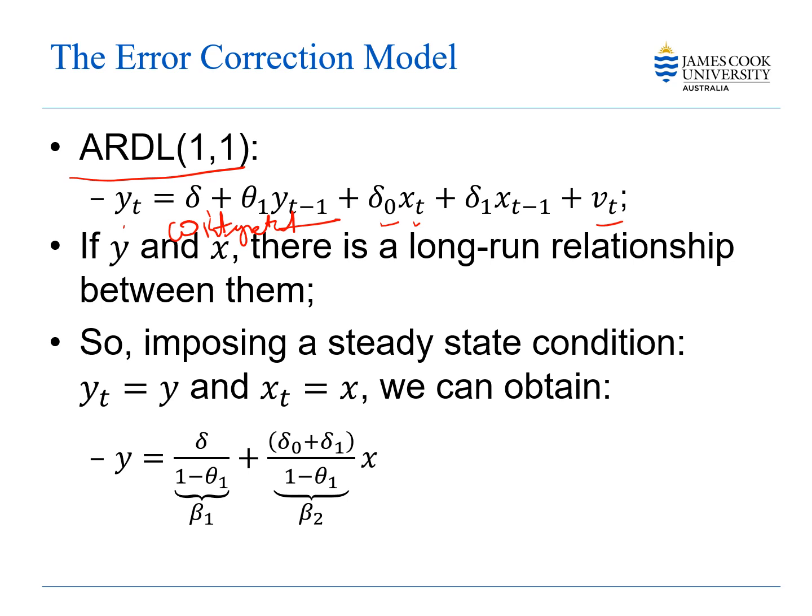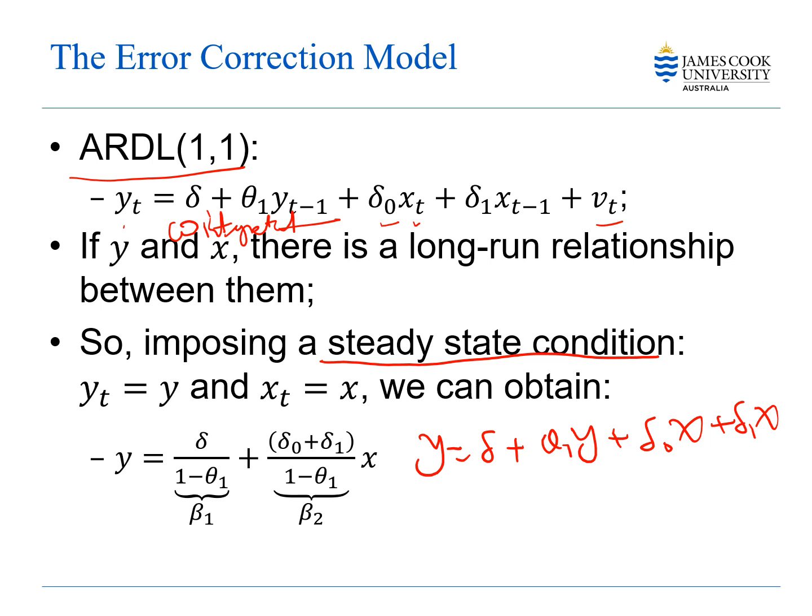So let's impose the steady state condition to derive the long-run relationship. In the long run, y and x are at the steady state. So now we have y is equal to delta plus theta 1 y plus delta 0 x plus delta 1 x, and let's ignore error terms. Suppose in the long run we don't have errors. Okay. So now we move this term to the other side, combine these two terms.